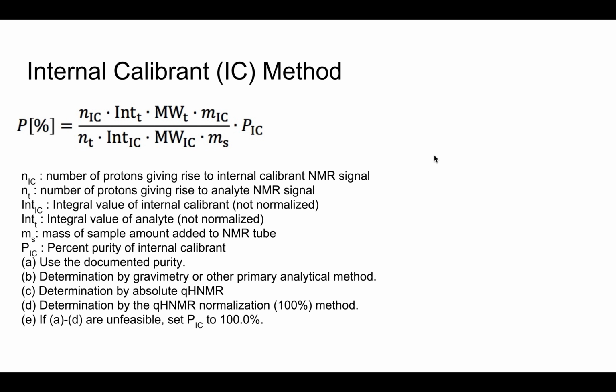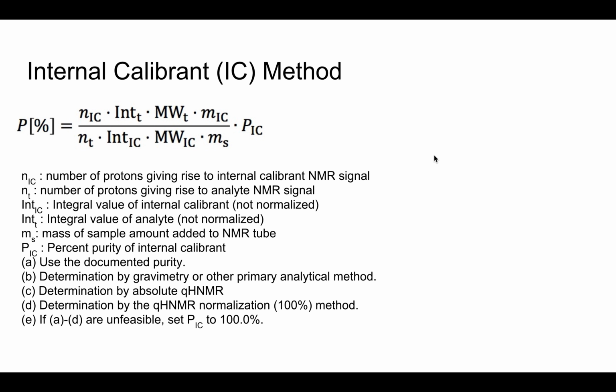Now, there are 5 ways of calculating the P sub I. The first way is to use the documented purity. So wherever you got your internal calibrant, let's say it's DMSO, you would look on the bottle and try to look for a number that tells you the purity of the solvent. A second way to find the P sub IC is determination by gravimetry or another primary analytical method.